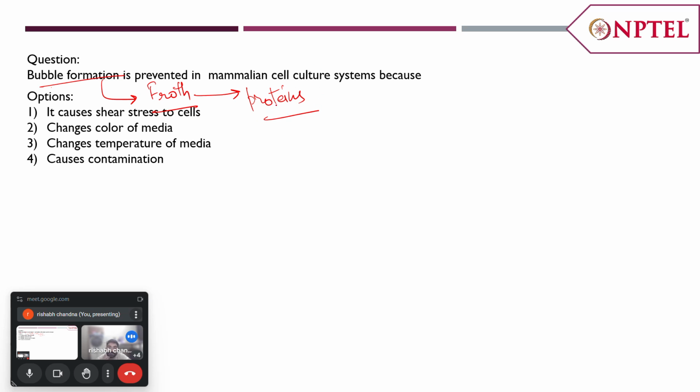Okay, so in this case, whenever we use different proteins in a cell culture medium, we avoid making froth, although the froth comes. Okay, but we have to minimize that frothing because the frothing causes shear stress to the cells. Okay, that will cause a pressure on the cells and they can lyse.